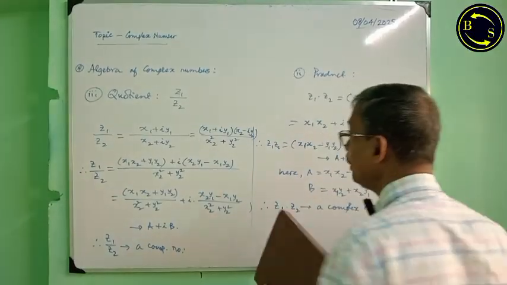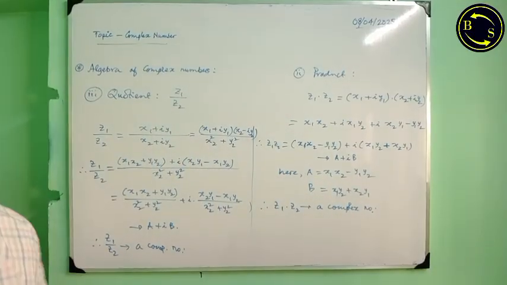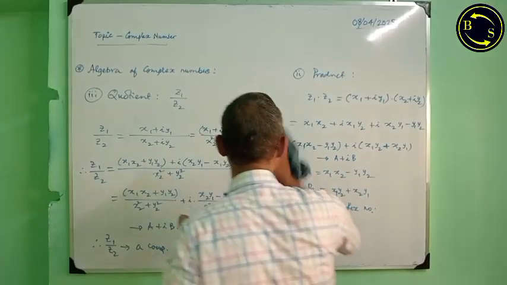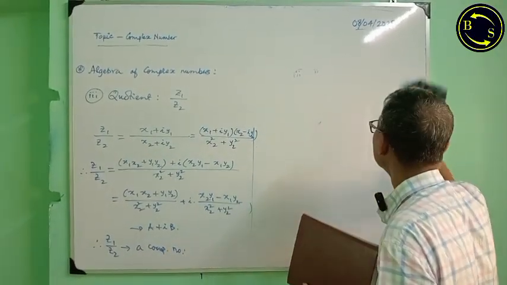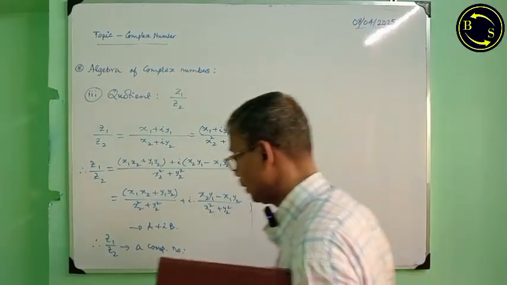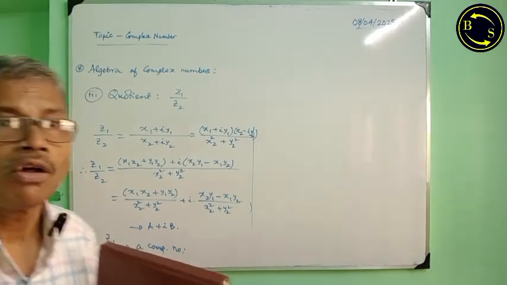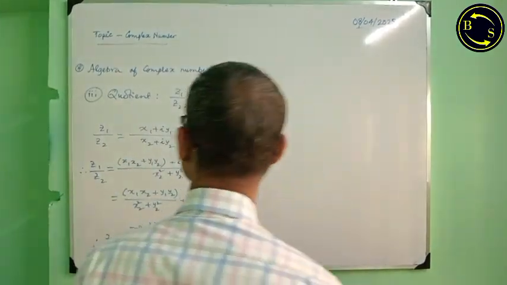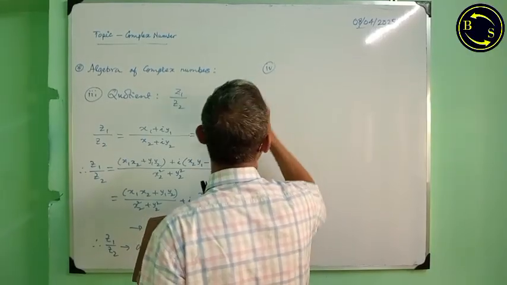Next, if we raise to the power, integral power, positive integral power, then that new number will also be a complex number. I call it 4.